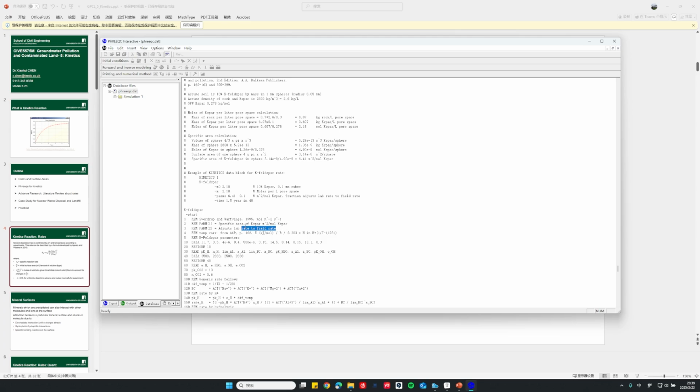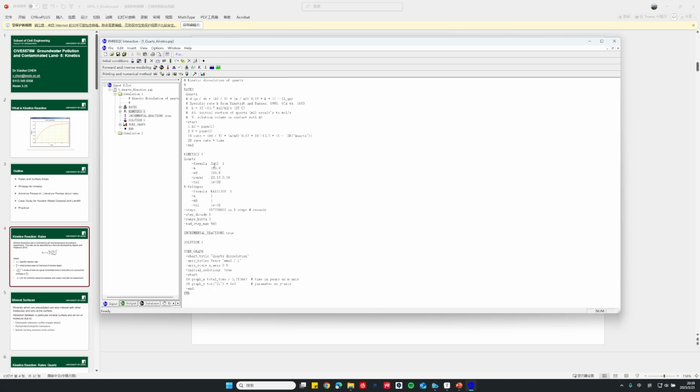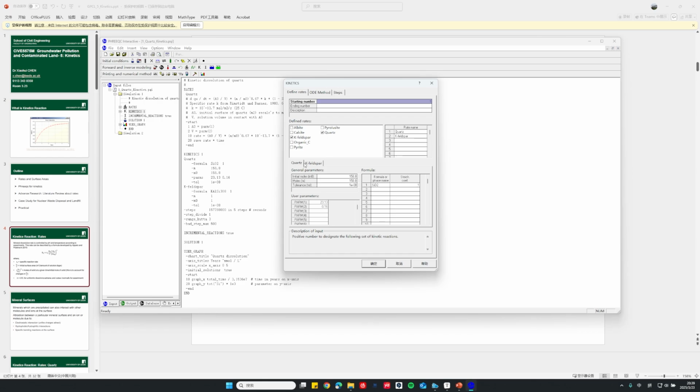These two parameters are what you are going to find out when you are doing your coursework, your personal design. If you're using a different mineral, that's what you need to find out. You can see that the definition is totally different from the values you use for quartz. So that's what you need to think about.